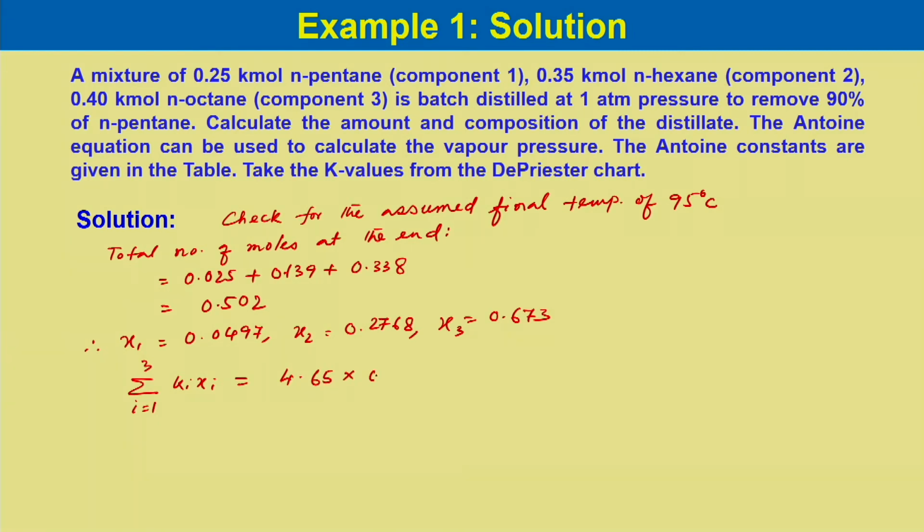Now, if we calculate the summation over i equal to 1 to 3 of Ki xi, it is 4.65 into 0.0497 plus 2.03 into 0.2768 plus 0.673 into 0.45, which would be equal to 1.095, which is greater than 1.